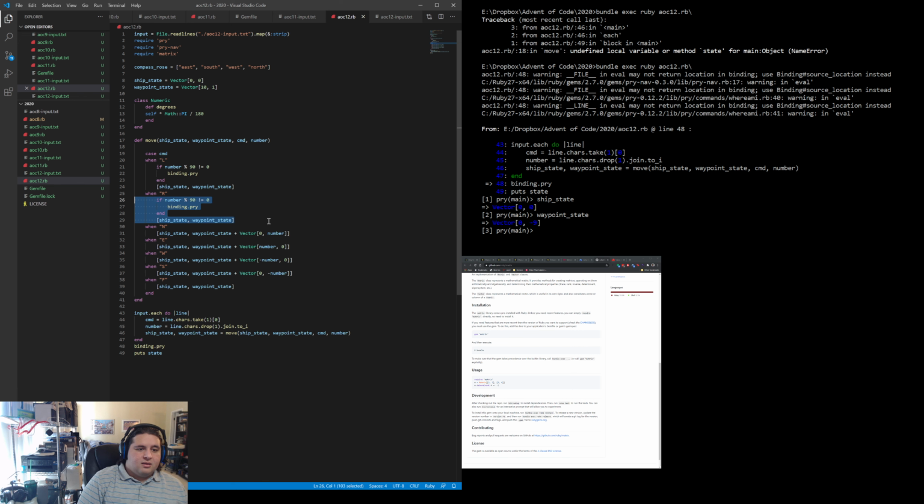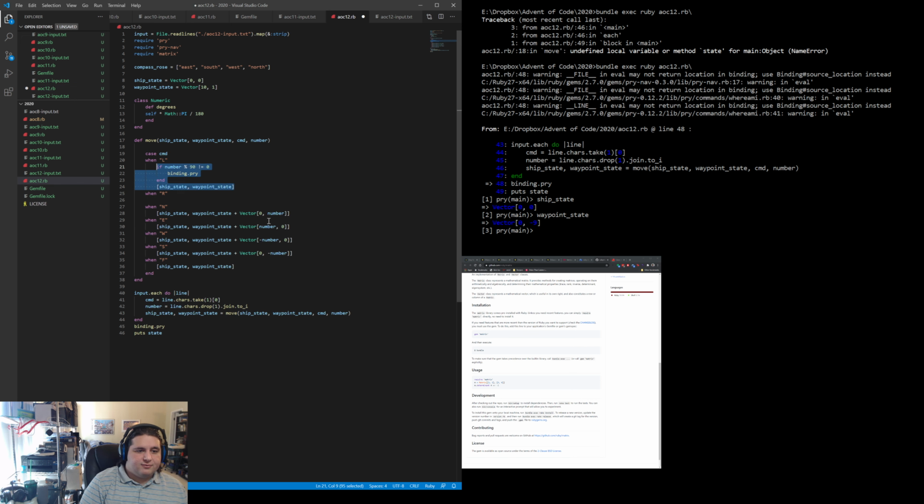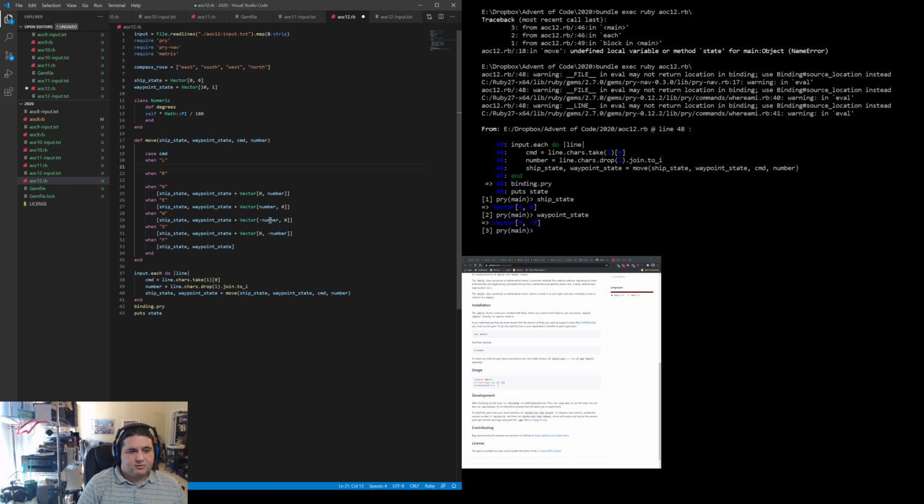Next we have forward, which should be vector equals waypoint state minus ship state, and then we return ship state.